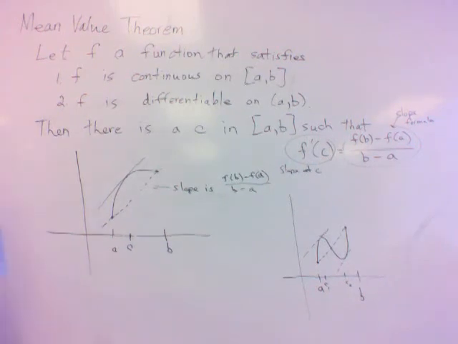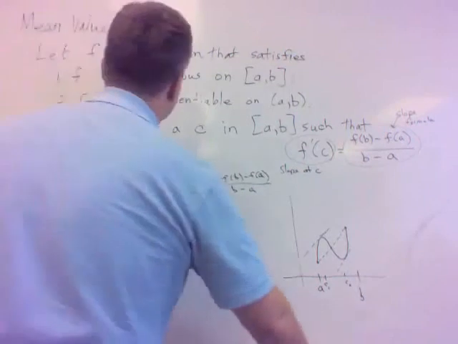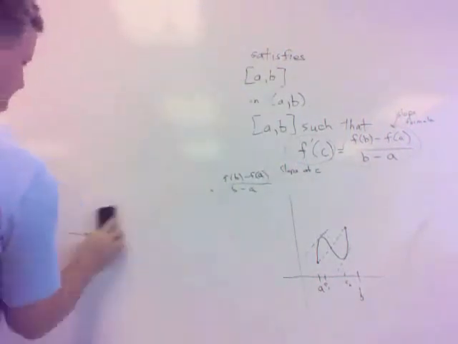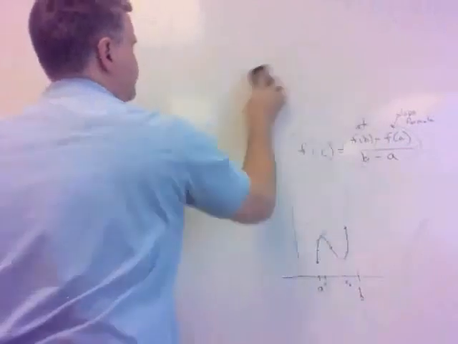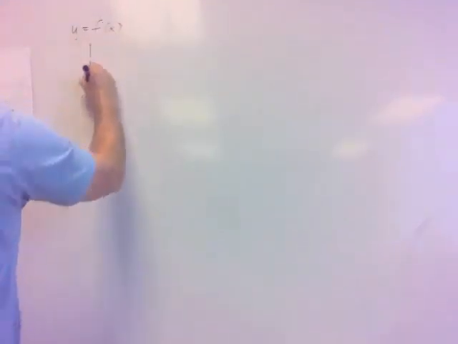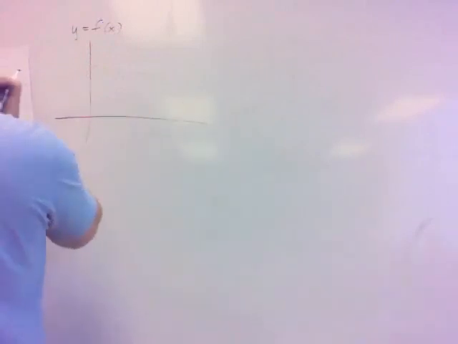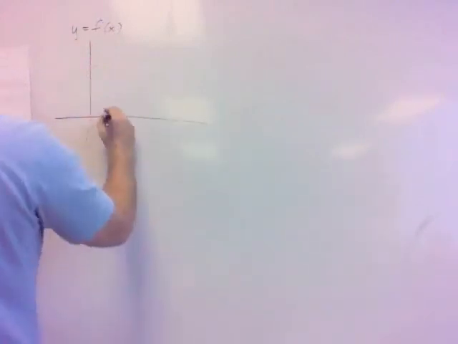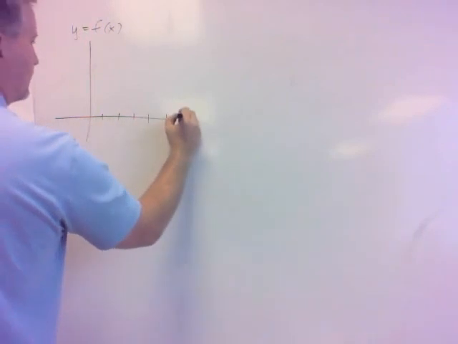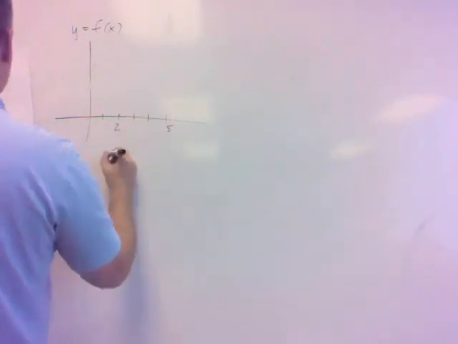All right. So let's do a couple here. One of the types is this. Okay. Let's say we've got y equals f of x graphed here. And we're going to put 2 and 5 on it.